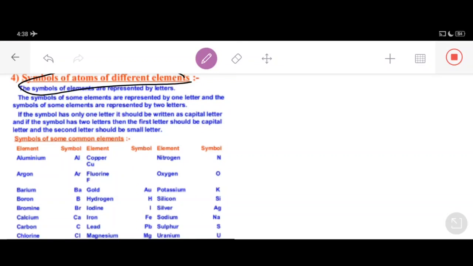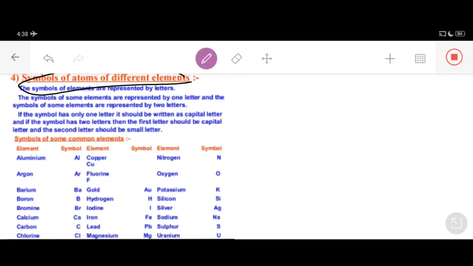Before that, let me tell you one important thing. A question comes to our minds: why do we represent elements by their respective symbols?